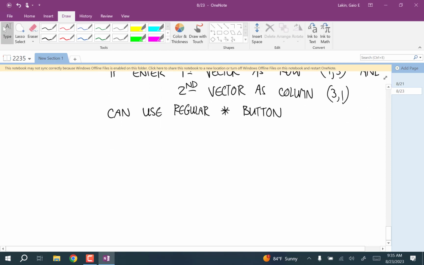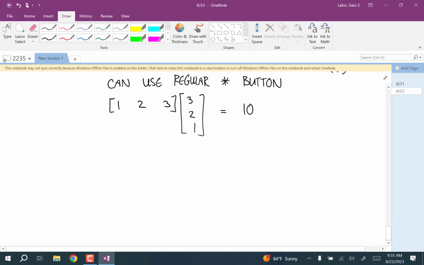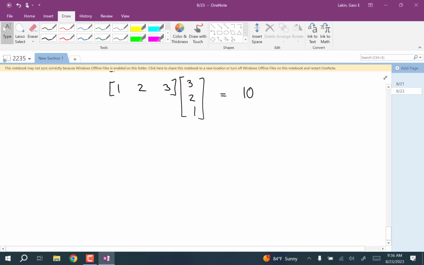And that's because, by the rules of matrix multiplication, if you have a matrix 1, 2, 3, and you multiply it by a matrix 3, 2, 1, that gives you the dot product of those two vectors. This would give you 10. You also can just enter a dot product program in your calculator. And there's instructions on how to do that on D2L.